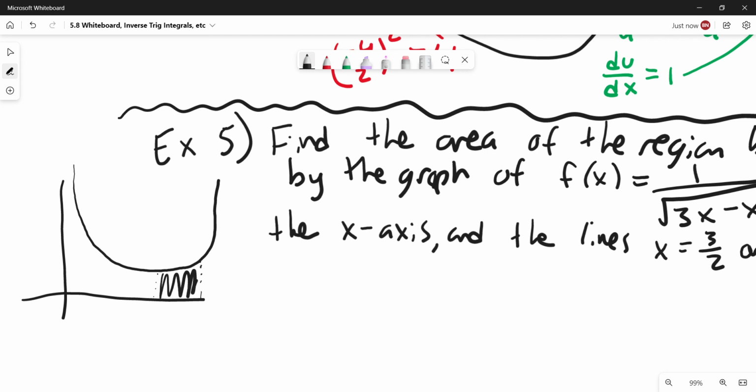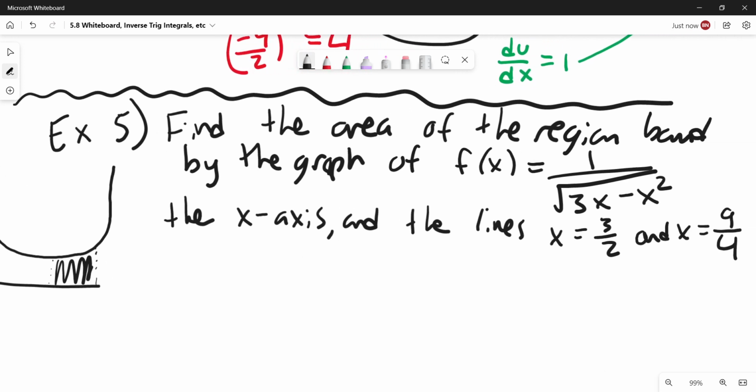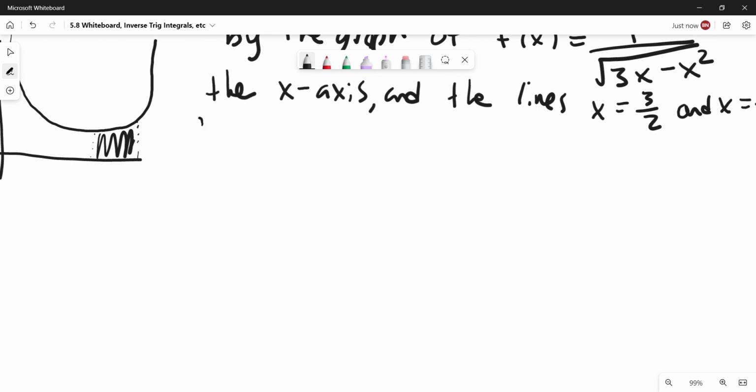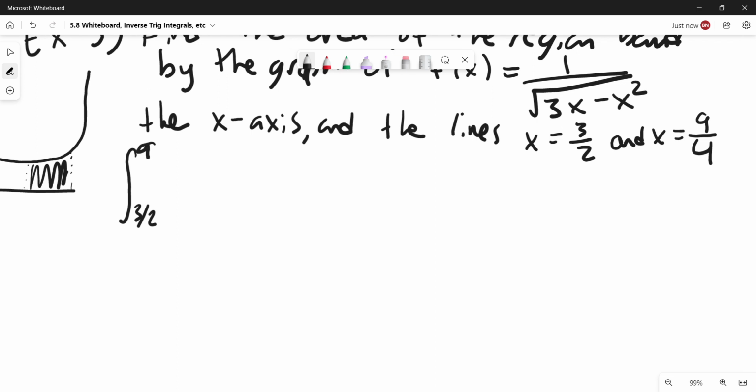All right. Don't lose sight of the fact that anytime you do a definite integral of a function between 2 points, you're finding the area under the curve between those 2 x points. So really they're just saying find the integral from 3/2 to 9/4.